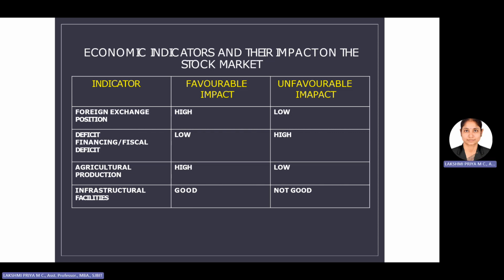A 29% drop in the Dow Jones happened during the US subprime crisis, and Nasdaq also had an impact, and there was also an impact of the US subprime crisis on the Indian economy.